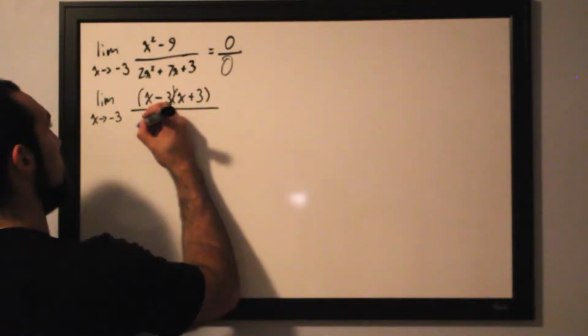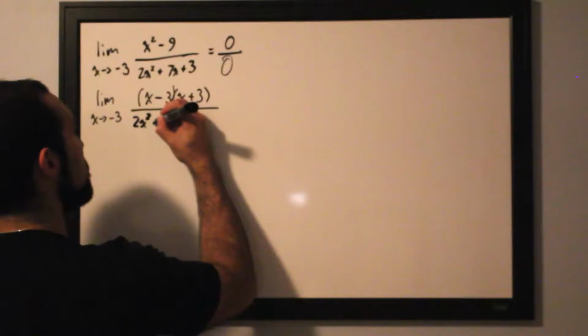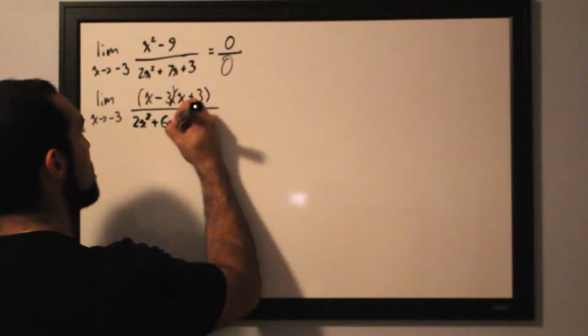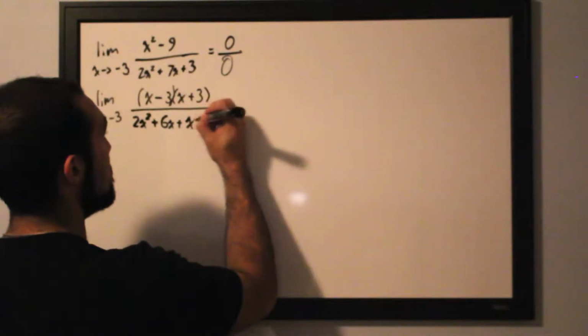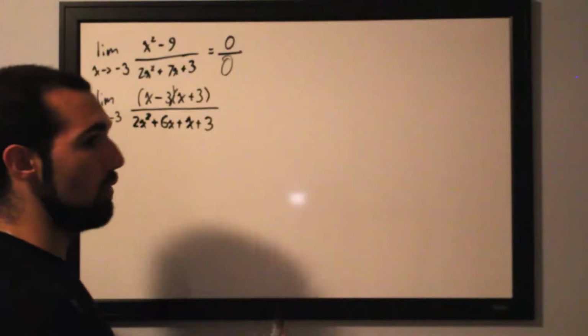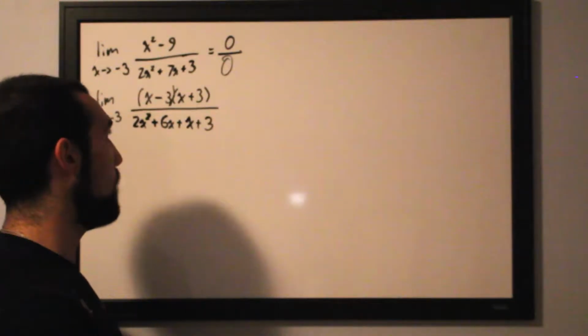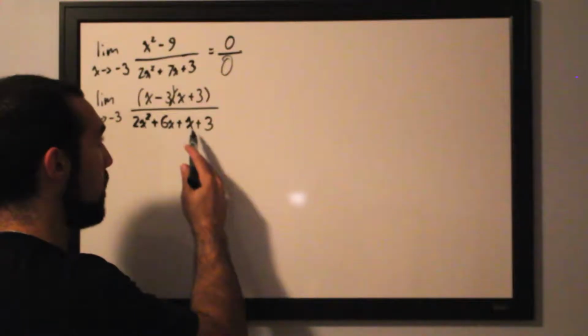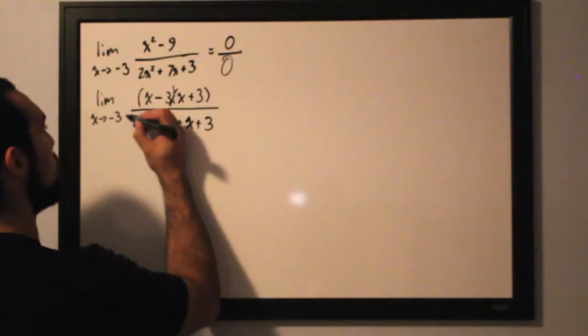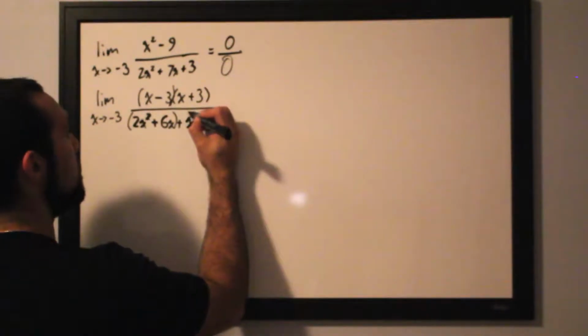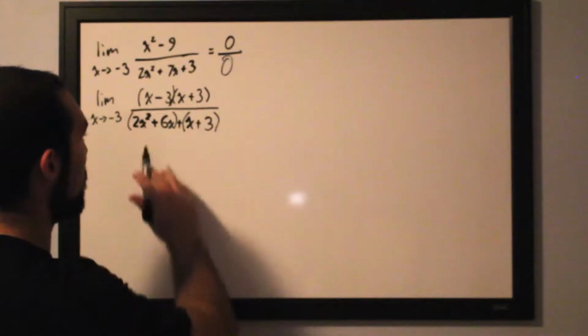So we're going to take 2x squared plus 6x plus x plus 3, because these two values are going to add up to 7 and they do have a product of 6, 6 and 1. And we're going to group these two together.